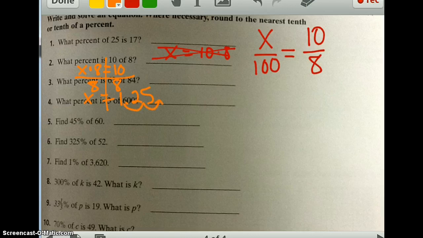Multiply by 100. So it's going to give me x equals 125%. When it asks for what percent, you may just want to choose to do it as the proportion, and that is totally cool because then that reminds you to do the multiply by 100 because you do it right away, and you'd still end up with 125%.